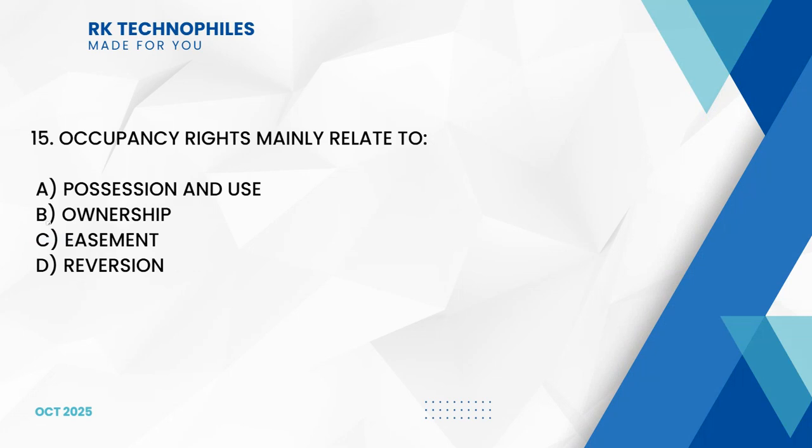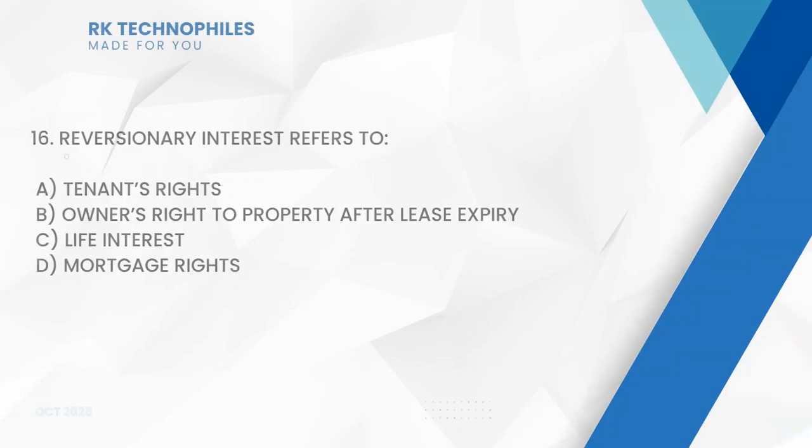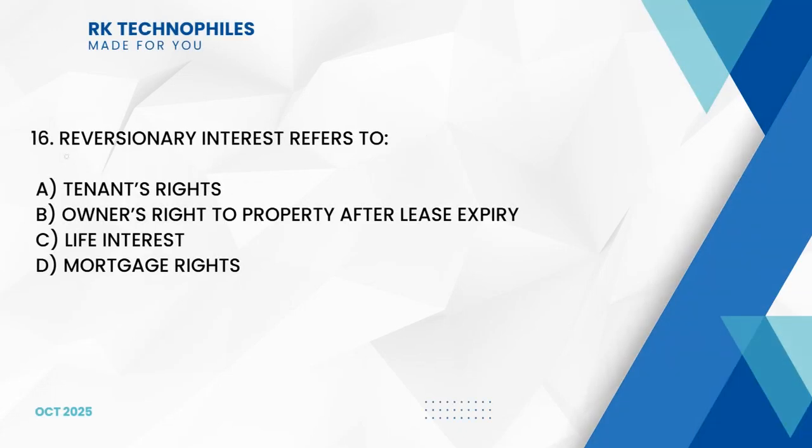Occupancy rights mainly relate to possession and use, ownership, easement, reversion. Possession and use. Actual use or residence on property with or without ownership. Occupancy means occupying it, right? 16th one is reversionary interest refers to: tenant's rights, owner's right to property on lease expiry, life interest, mortgage rights.